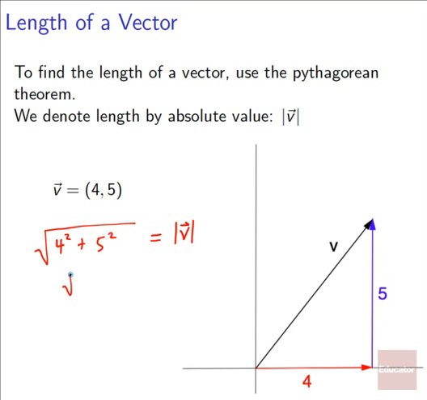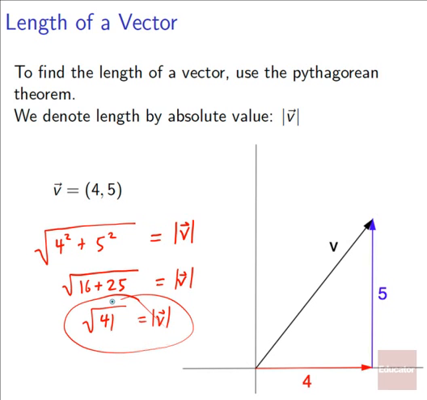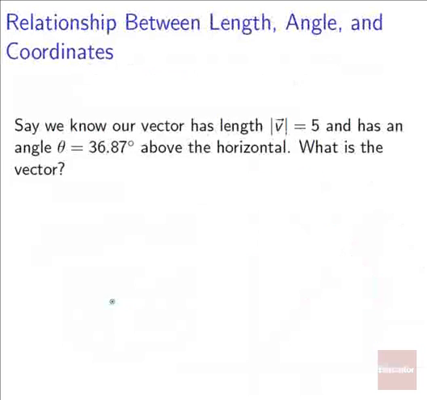So in this case, square root of 16 plus 25, what's that going to wind up coming out to be? Doesn't come out to be a nice round number. We get the square root of 41. That's as simple as it's going to be, but that's what its length is. And if we wanted to, we could change that into a decimal using a calculator.